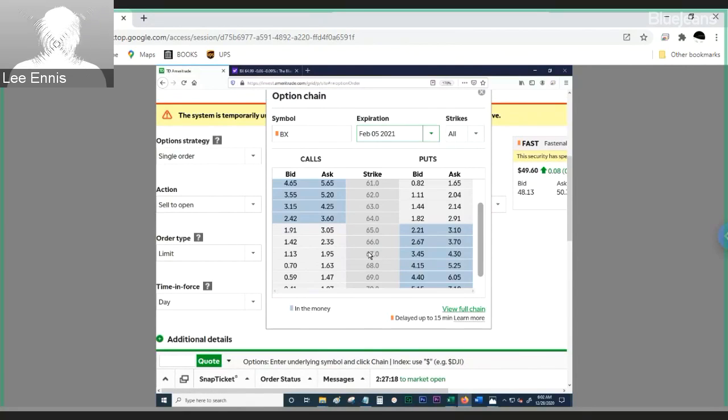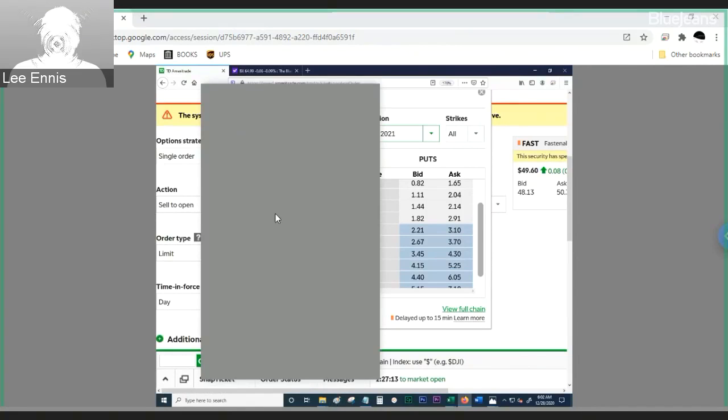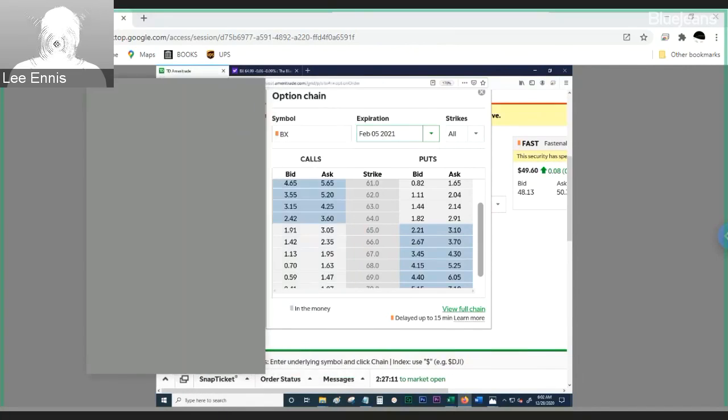So I want you to understand that we can make 144, and I've got to use a calculator to do this. 144 to buy it at 63, and then we can make 113 to sell it at 67, but we're also going to make a $400 profit between 63 and 67 when we sell. So that's a total of $657 profit.